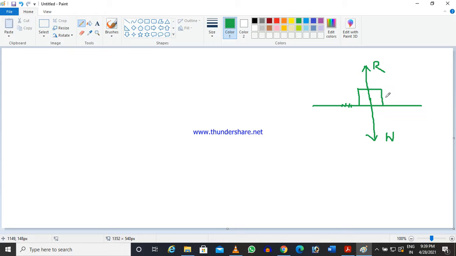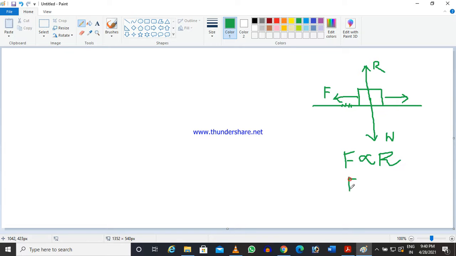Now if we try to move the block towards this direction, the block will experience some frictional drag which will try to pull that block in the opposite direction. So this is F. As per the law of friction, this frictional drag is proportional to the vertical reaction.